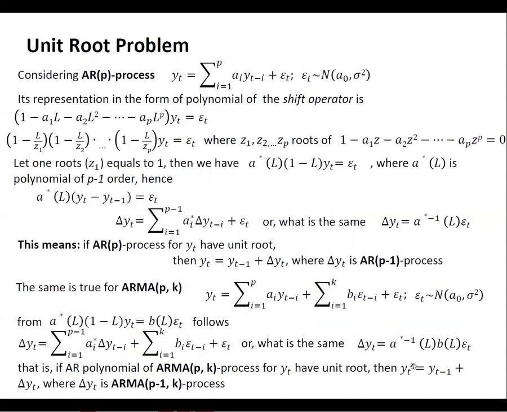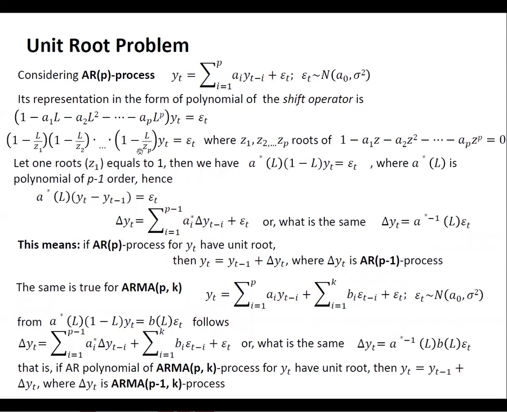Let's look at this unit root problem theoretically. Let's say we have some process AR(p). We represent it as a polynomial of the shift operator, transfer all these coefficients to the left side, take y out of brackets, and use the shift operator.